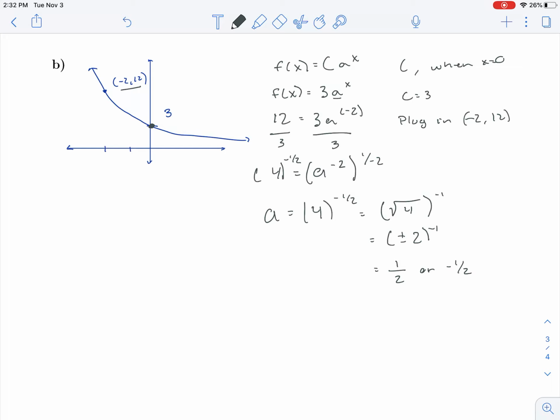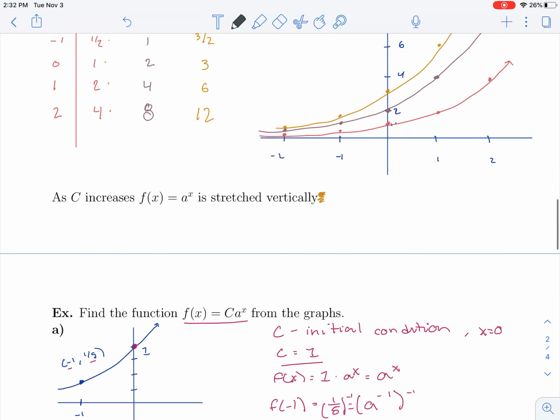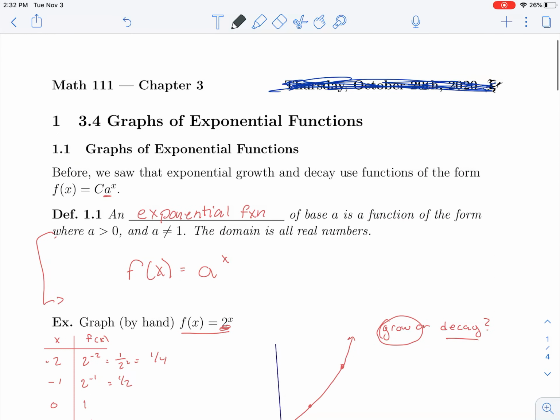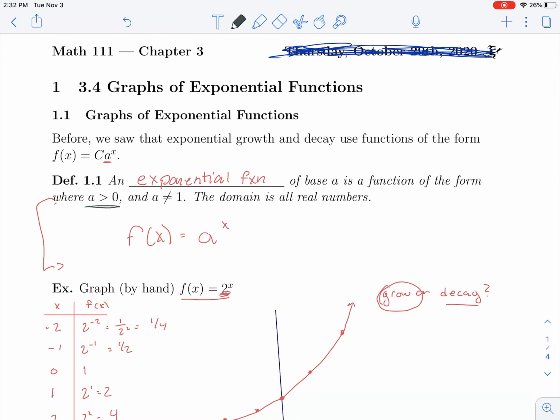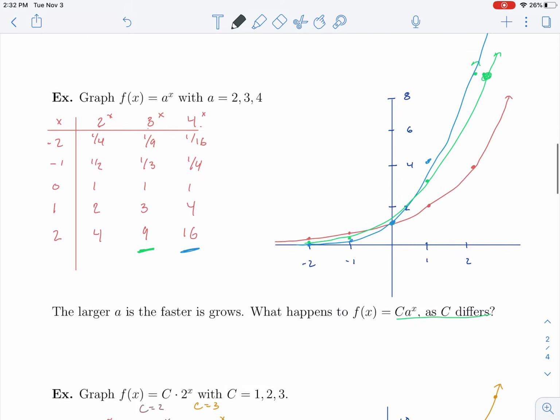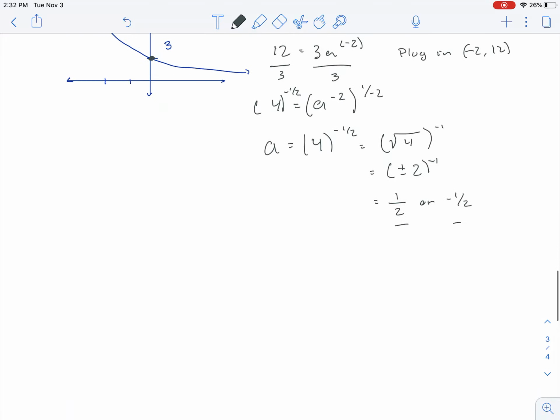How do I know if it's 1/2 or negative 1/2? We're actually going to check the top of our notes, because we were given that a is greater than 0. So I'm not going to need negative 1/2.